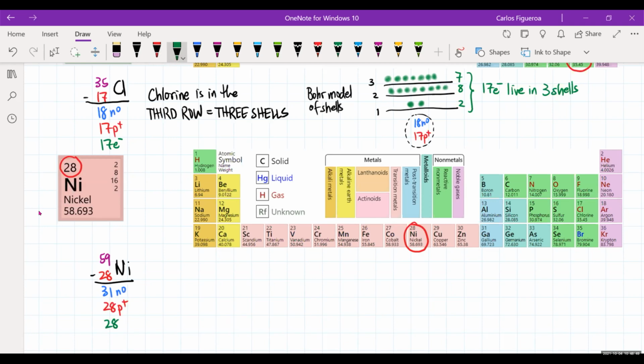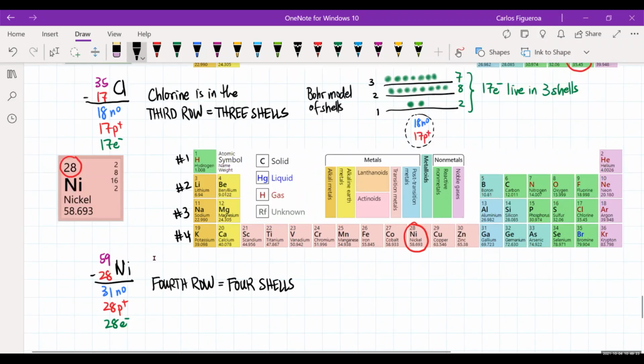I have 28 protons. I have 28 electrons. And you could see that this guy lives in the 4th row. So that tells me then that we say that this is on the 4th row, which means that now it has 4 shells.